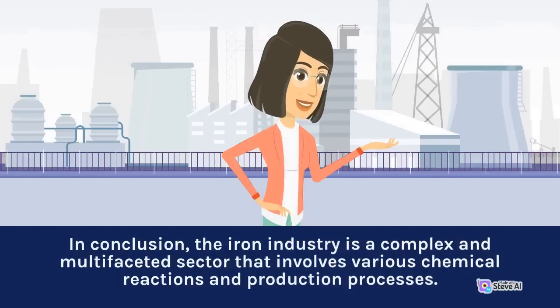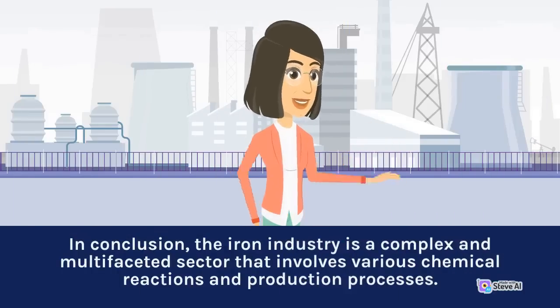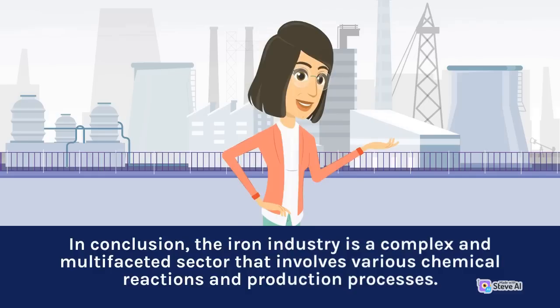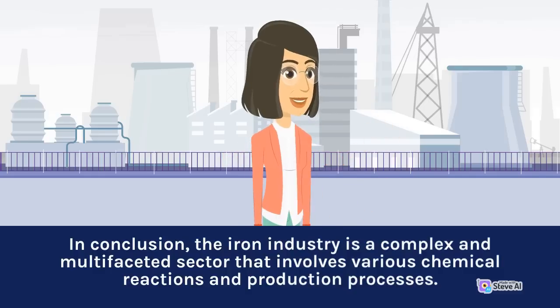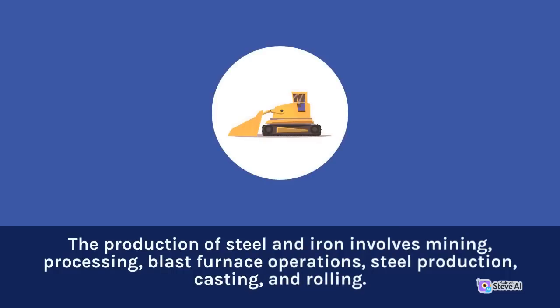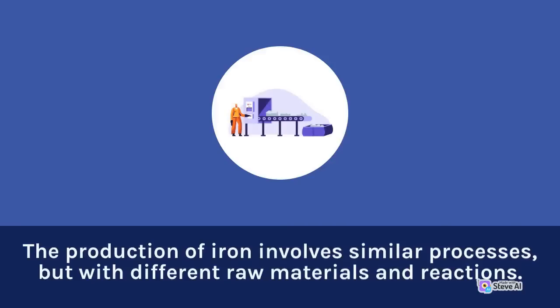In conclusion, the iron industry is a complex and multifaceted sector that involves various chemical reactions and production processes. The production of steel and iron involves mining, processing, blast furnace operations, steel production, casting, and rolling. The production of iron involves similar processes, but with different raw materials and reactions.